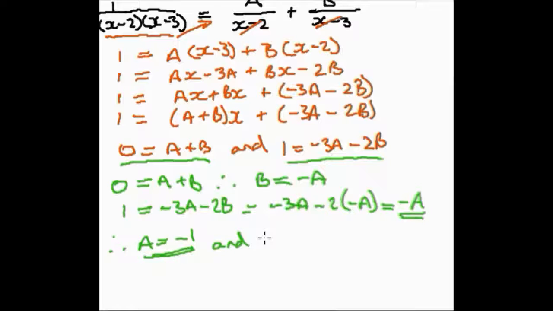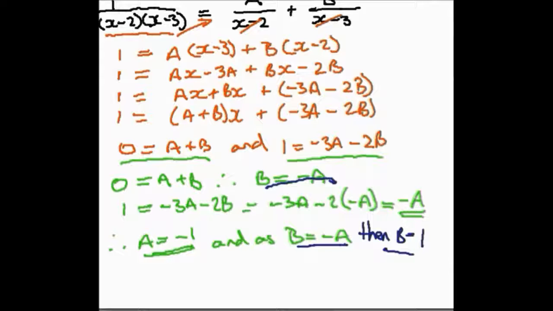And as B equals minus A, do you remember where we got that from? That is that term there and that equation there. That wasn't a very good straight line, but never mind. Then B equals 1.